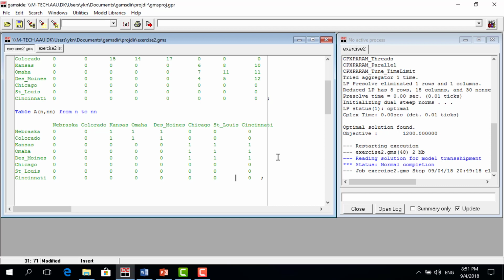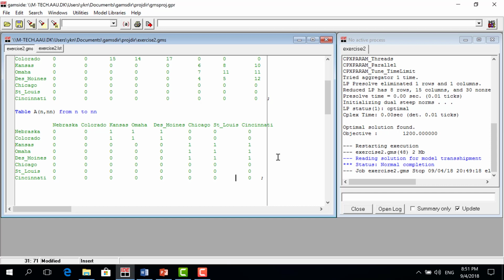So table A will tell the model that delivery from Nebraska to Nebraska is 0, means it is not allowed to deliver from Nebraska to Nebraska, even to Colorado, or directly to Chicago or St. Louis.